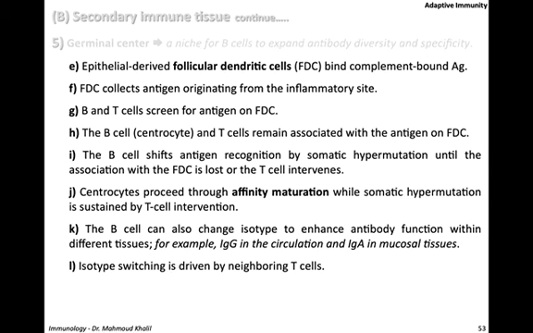So the B cell, instead of secreting IgM or IgD, can switch to suit and provide immunity in different tissues, like class switch to IgG for the circulation, or IgA to have antibody in the mucosal tissue. This isotype switching is driven as well by the neighboring T cells.